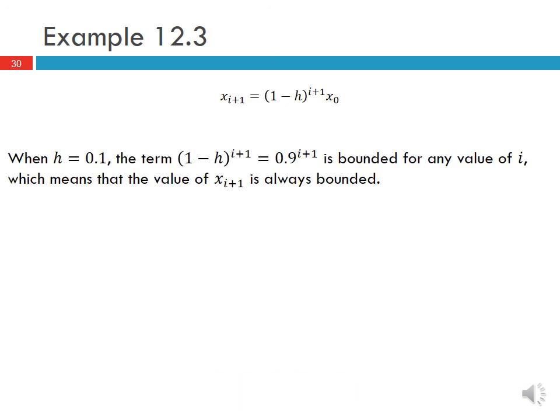So when h is equal to 0.1, then this term (1 minus h) to the power i plus 1 is equal to 0.9 to the power i plus 1. And this is bounded for any value of i, which means that the value of x_{i+1} is always bounded.